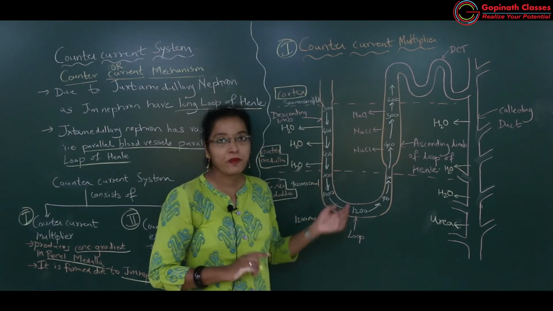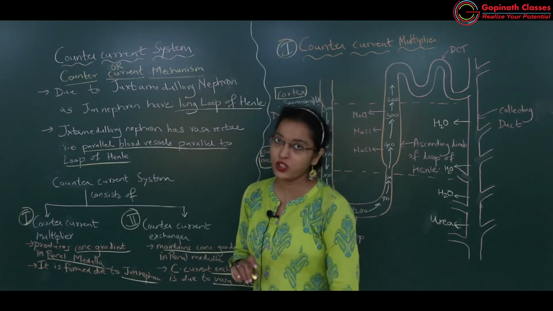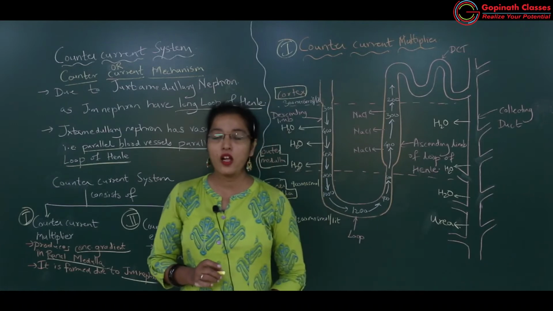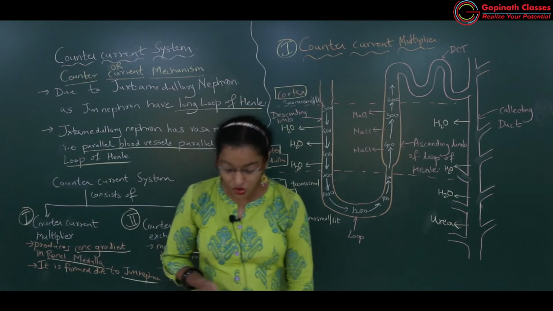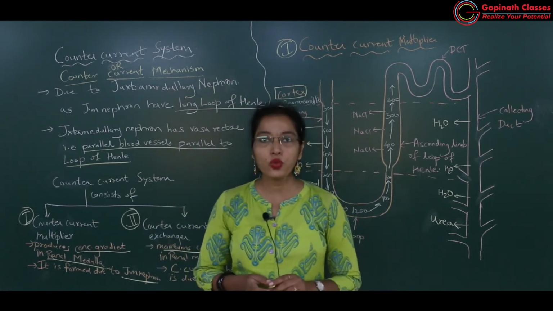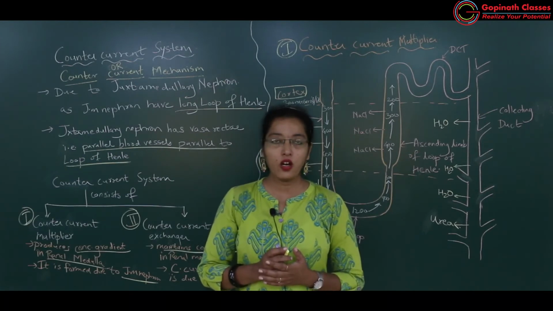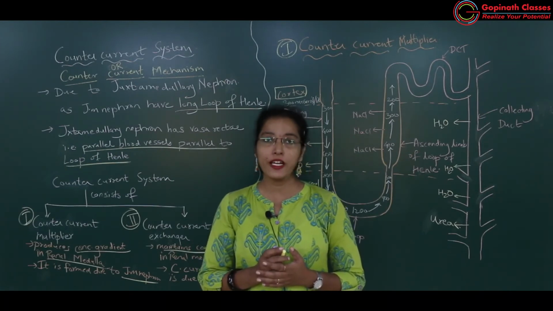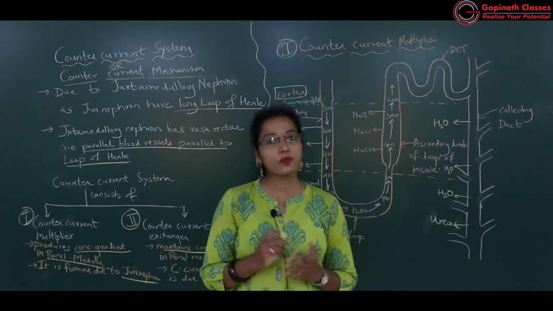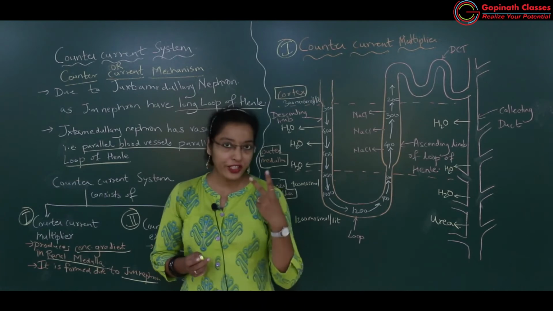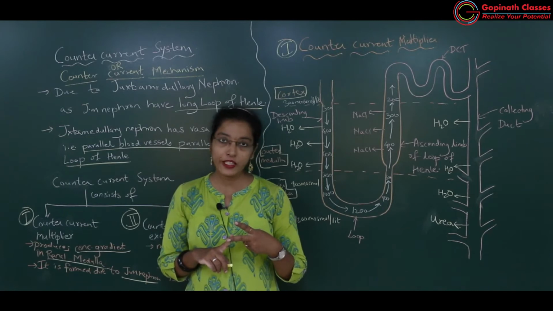Okay, got it. So this counter current mechanism basically includes the nephric filtrate flow as well as the flow of blood in the vasa recta. All of you know very well which nephron is responsible for maintaining osmolarity as well as concentrating the urine. For osmoregulation we have studied two types of nephron, the cortical nephron and the juxtamedullary nephron.